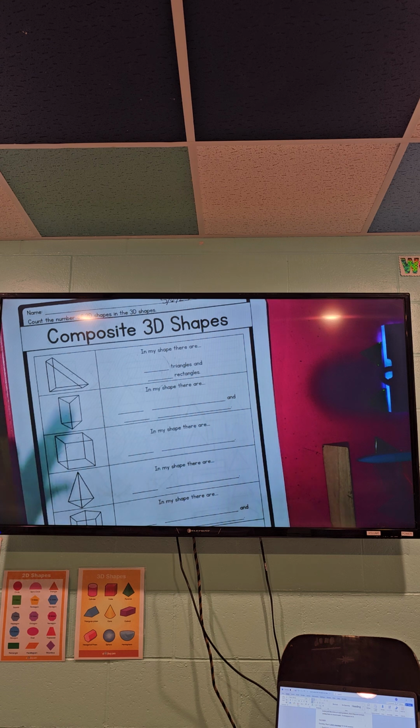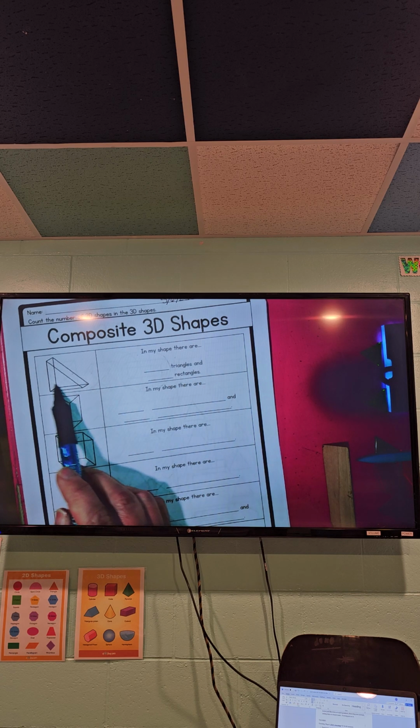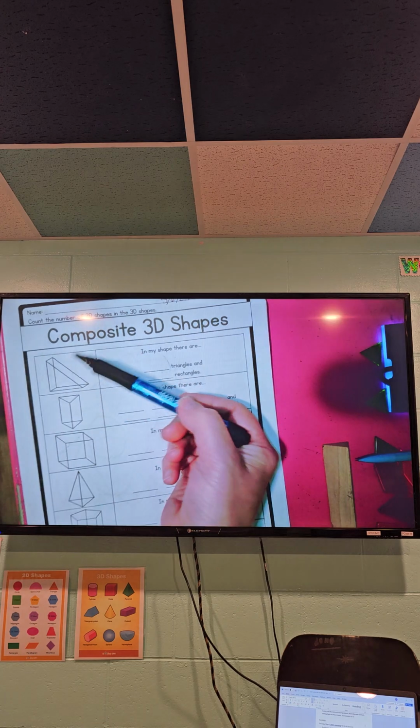Now we get to count for real on this one. So how many triangles are there? I don't think I have this shape. But we can see 1 here. If there's 1 here, there's also 1 on the back side. So that's 1, 2.